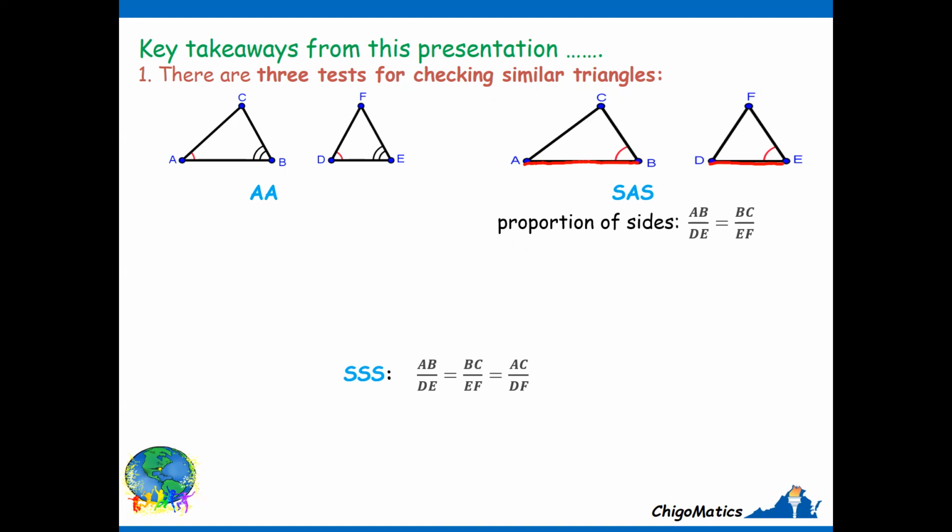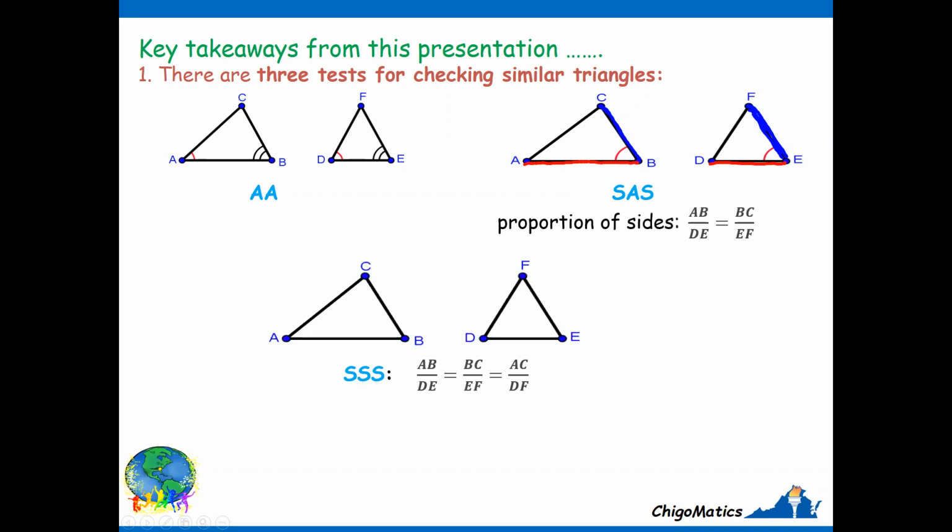To DE. That ratio of those two corresponding sides should be equal to BC, which should correspond to EF. And that ratio should be equal to the first ratio. That is all it takes. Once you establish that, then you can conclude.